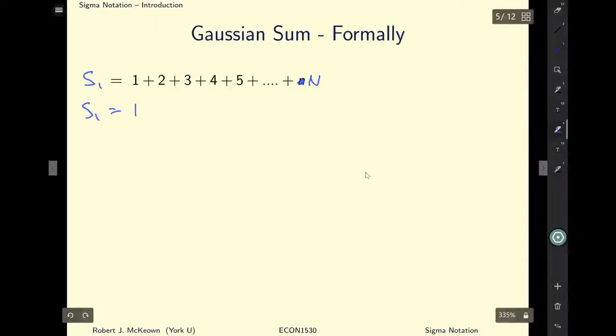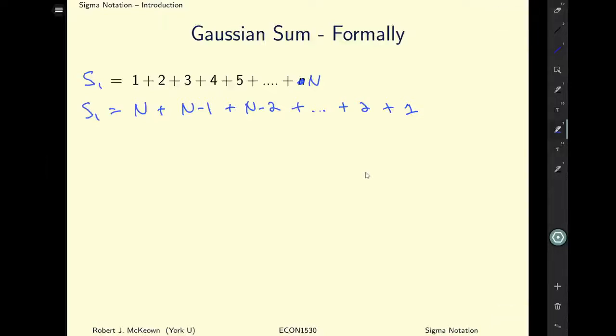So I'm going to write it as N plus N minus 1 plus N minus 2 plus dot dot dot plus 2 plus 1. So I said I would write it backwards. I'm writing it in reverse, right? And these two things are equal.